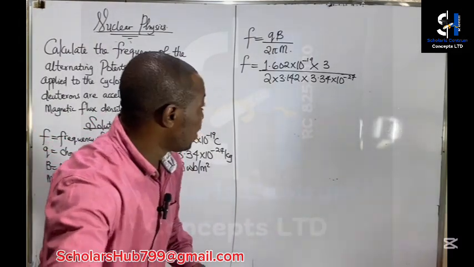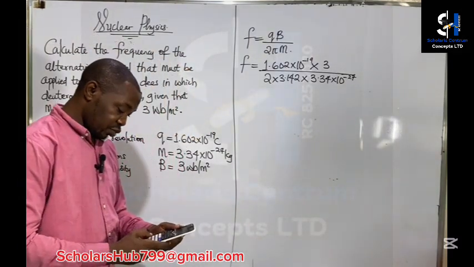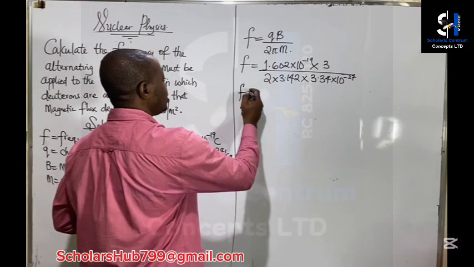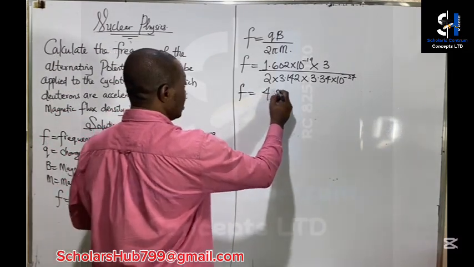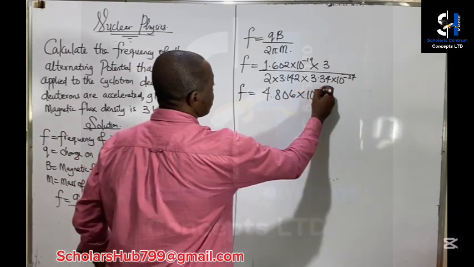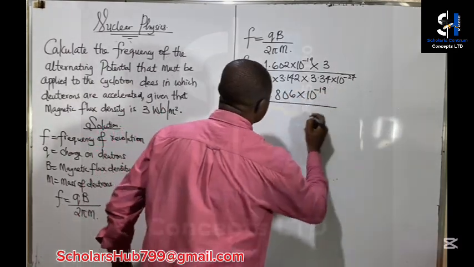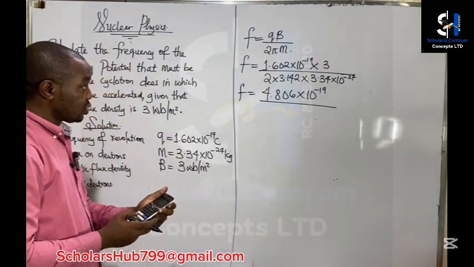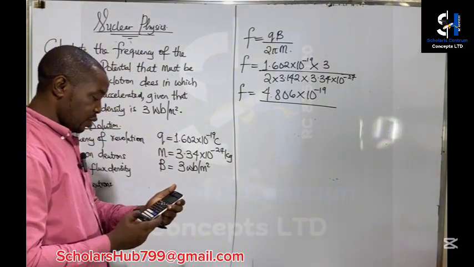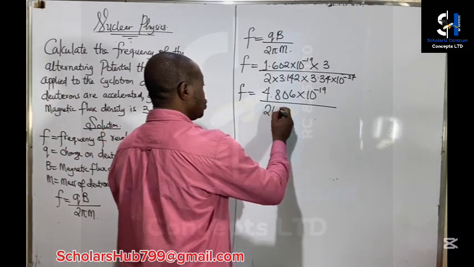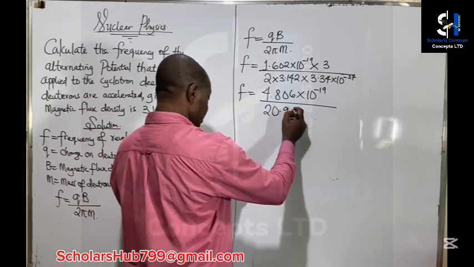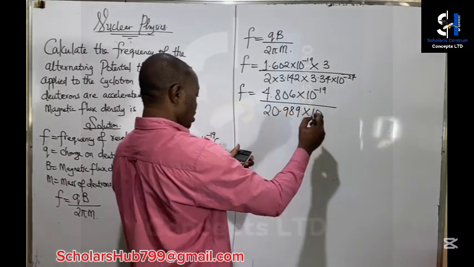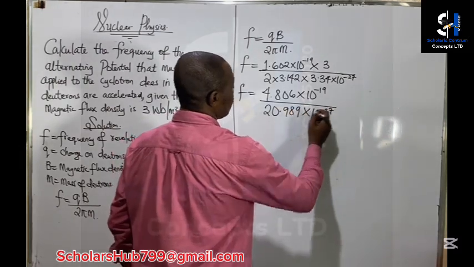Now 1.602 times 3 is 4.806, so the numerator is 4.806 times 10 raised to the power of negative 19. Dividing by 2 times 3.142 multiplied by 3.34, that is 20.989, times 10 raised to the power of negative 27.